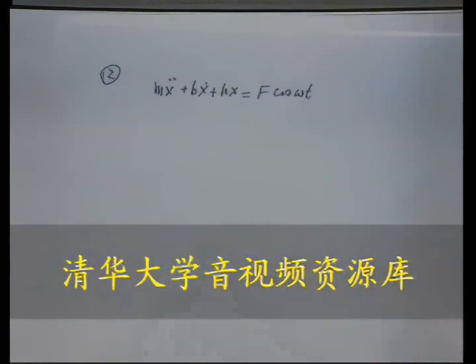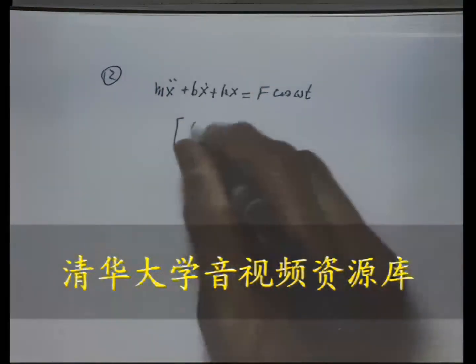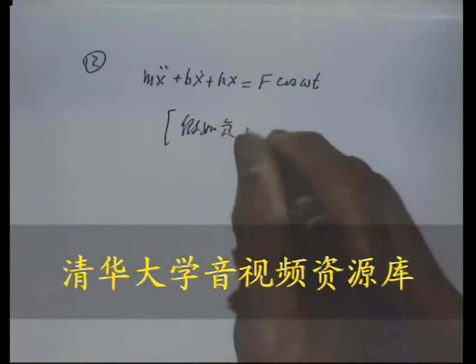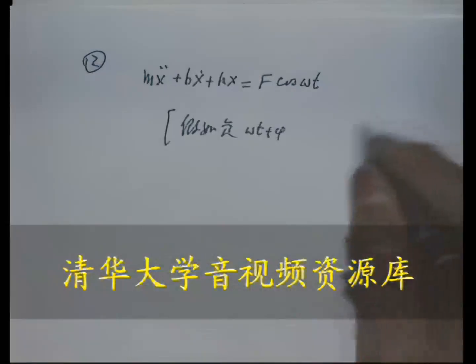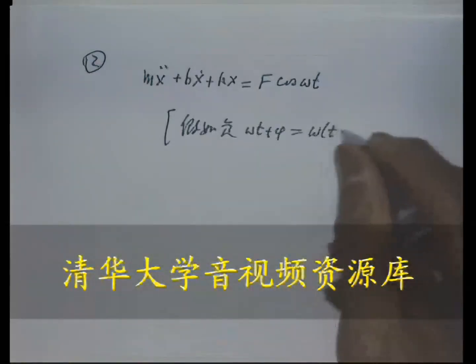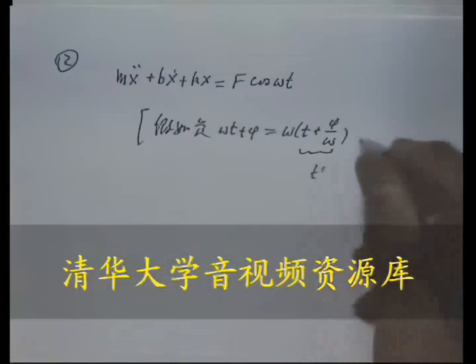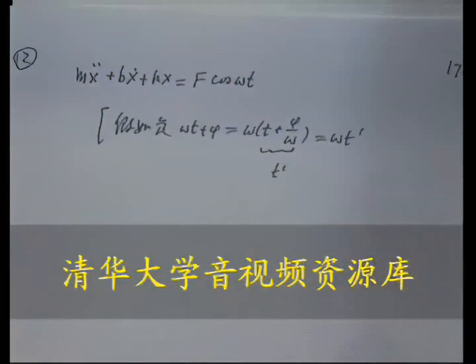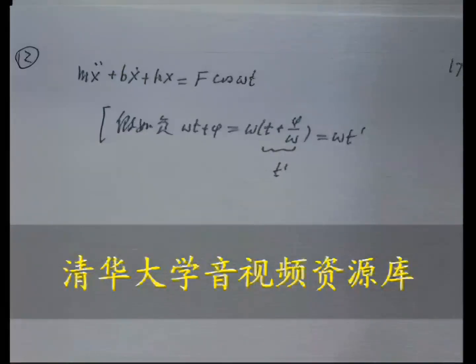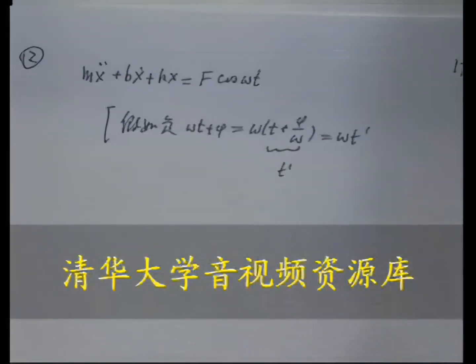By the way, 假如是 omega，它不是 omega t，是 omega t plus phi。那我就把它写成 omega of t plus phi over omega。我把这个叫做 t prime，那就变成 omega t prime。所以你要换成 t prime 的话，这就没有 phi 了。换一句话说，you can always consider just to shift the time coordinates, take a different point as the origin, and use that as the new time.